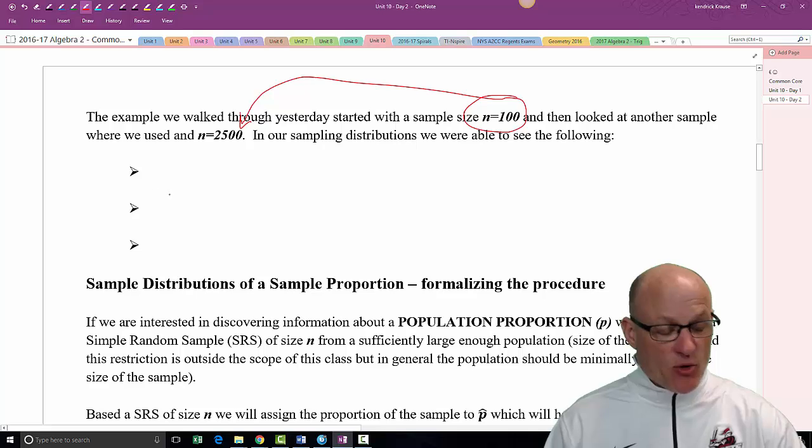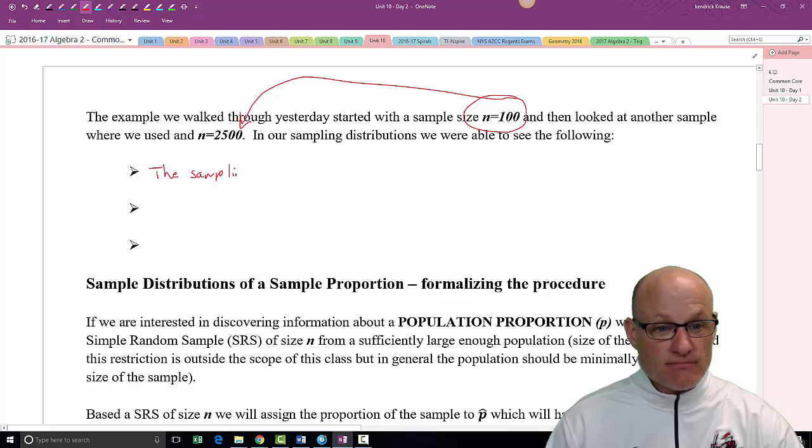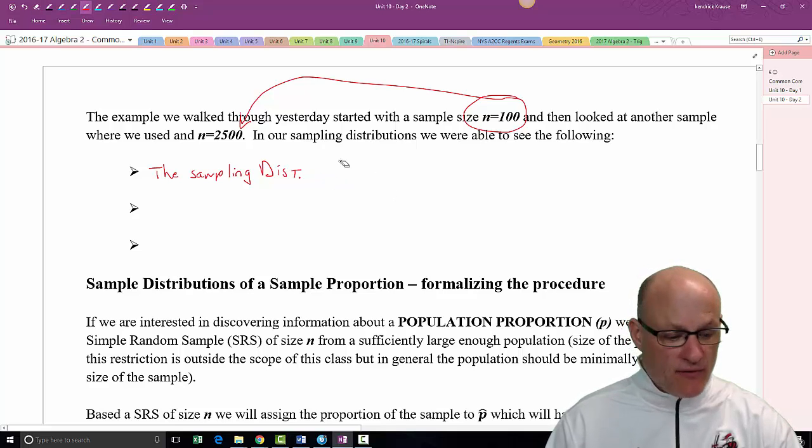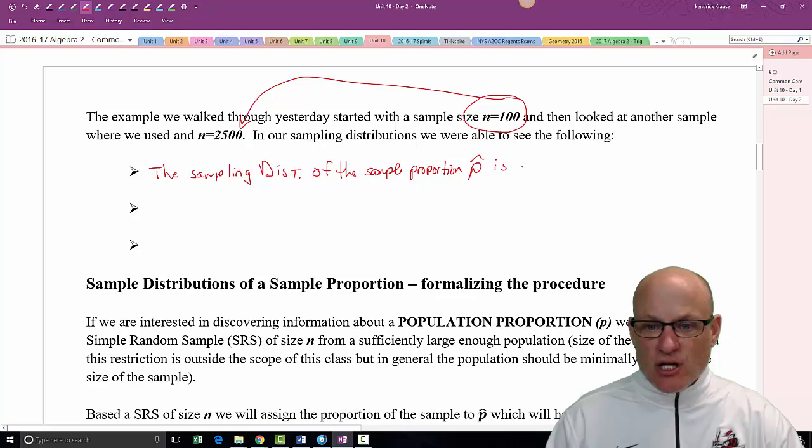Well, either way, we were able to see that the sampling distribution of the sample proportion, p hat, is approximately normally distributed.